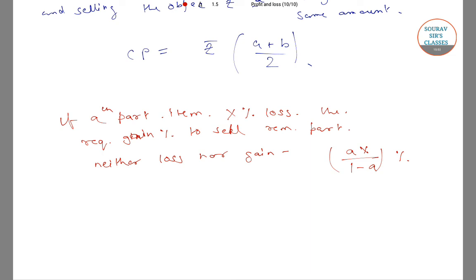So that is, if the eighth part of an article is sold at X% loss, then you have to sell the remaining part of the article at AX divided by (1 minus A)%, so that for the whole transaction he neither has a gain or loss.